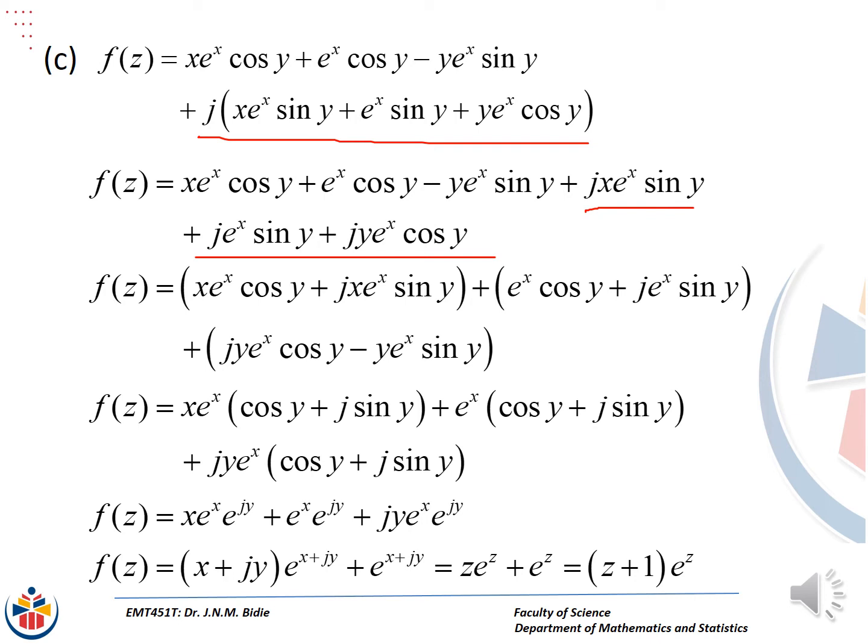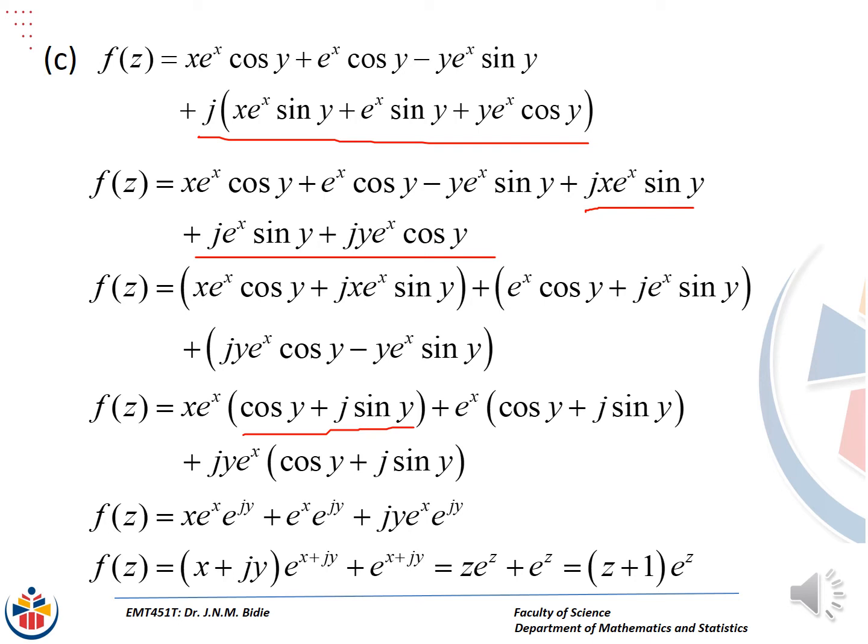So we're looking to get e to the power jy, and e to the power jy is cos y plus j sine y. So whenever we do the grouping, we need to take the terms that when we take out the common factor, we are going to be left with cos y plus j sine y, as I did here.